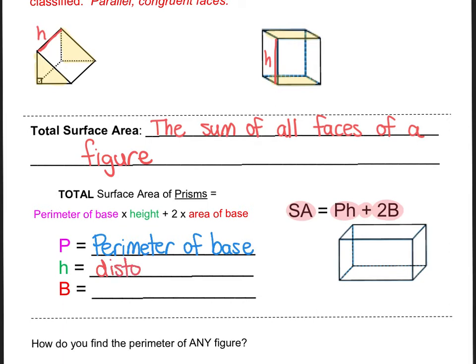So it's what connects the two bases together. And the big B, we should remember from our volume unit, is the area of the base. So we've got the perimeter of the base and the area of the base.